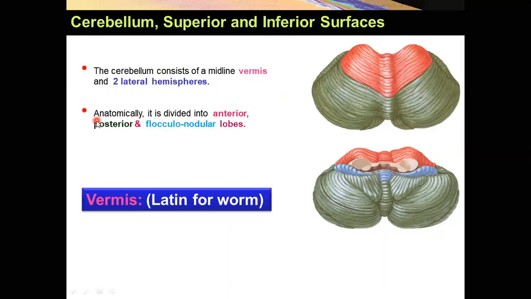And the cerebellum is anatomically divided into three lobes, which are the anterior lobe, illustrated in red, the posterior lobe, illustrated in green, and the flocculonodular lobe, depicted in blue. The vermis means worm in Latin.